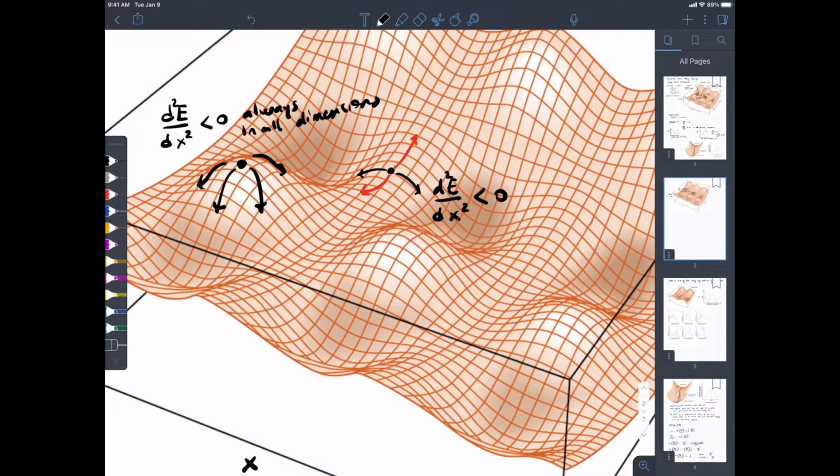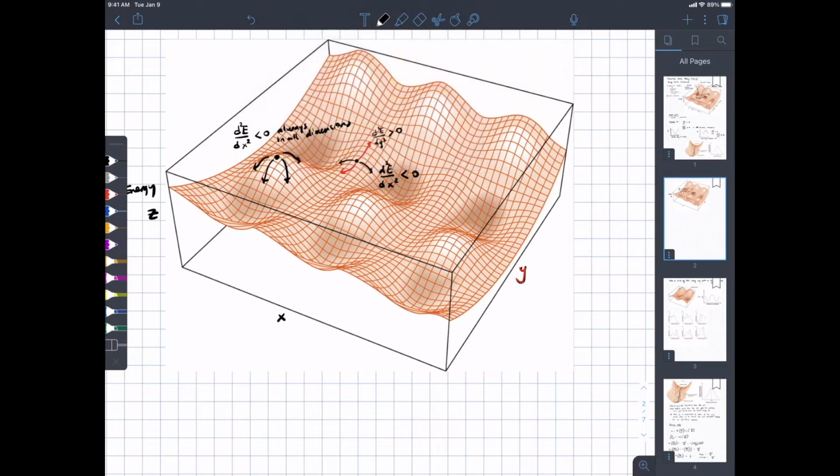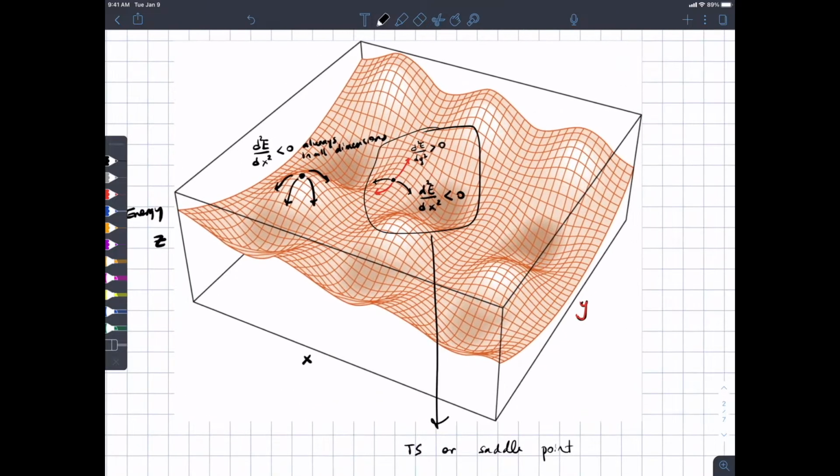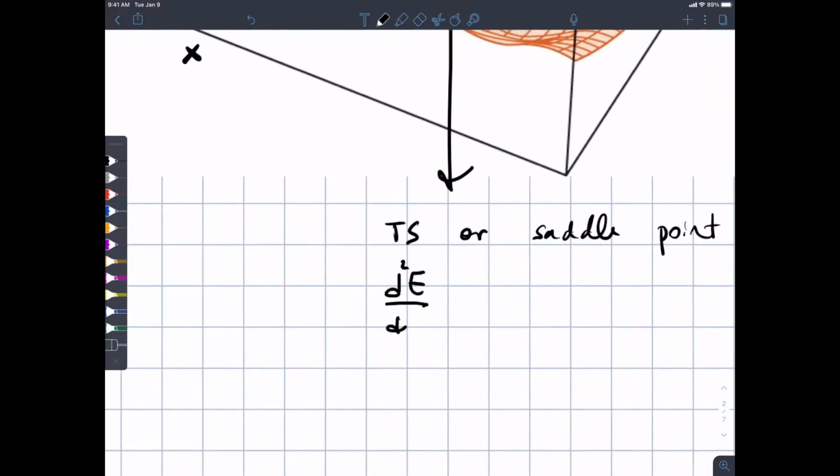So that's actually what defines a saddle point, and that's how you can identify a transition state, is that at a transition state or a saddle point, the second derivative with respect to, I don't know how we're going to do this.